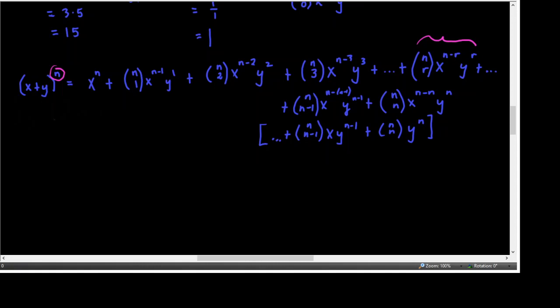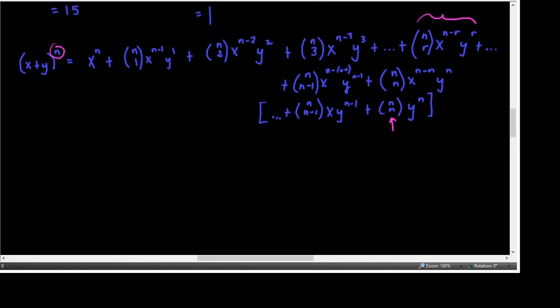And r changes from 0 to 1 to 2 to 3, etc., until you get to n. The last one is n choose n, and that's the last one you do. And the power of x is n minus r, the difference of those two numbers inside the parentheses, and the power of y is the lower of those two numbers.